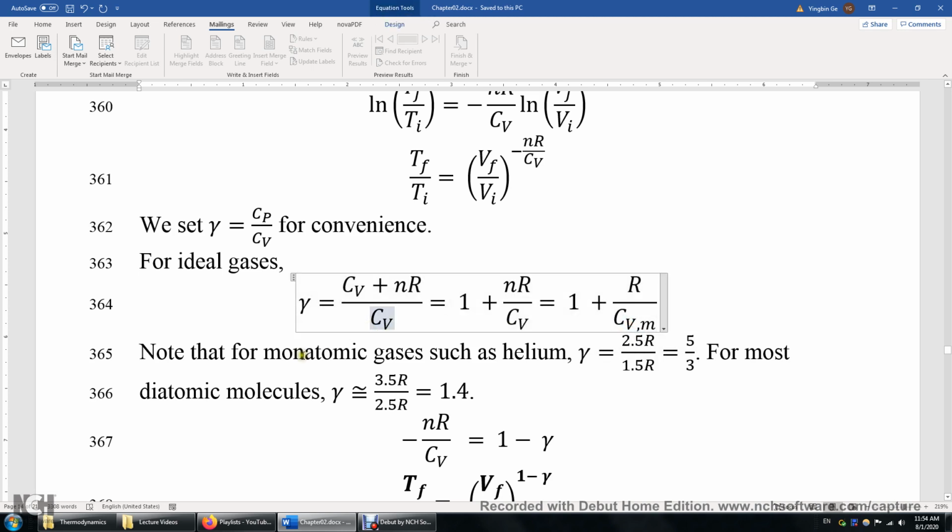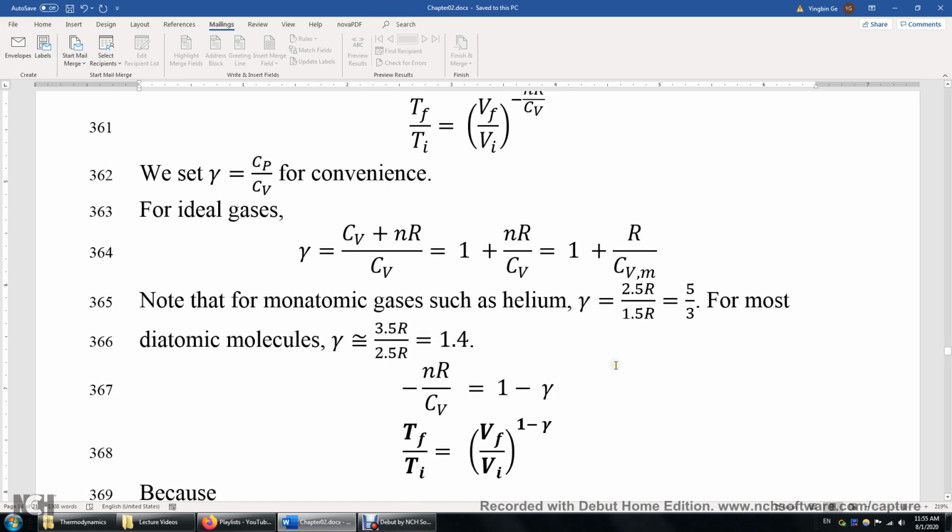For monatomic gases such as helium, neon, and argon, CVm is 1.5 R, so gamma is 2.5 over 1.5. For most diatomic gases, CVm is 2.5 R because of the rotations: 1.5 R from translation and 1 R from the two rotational modes. Cpm is CVm plus R, so we have 3.5 over 2.5, which is 1.4.